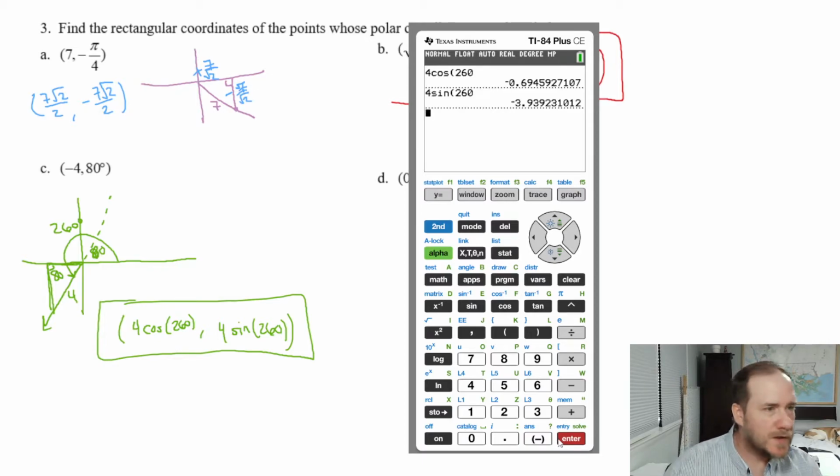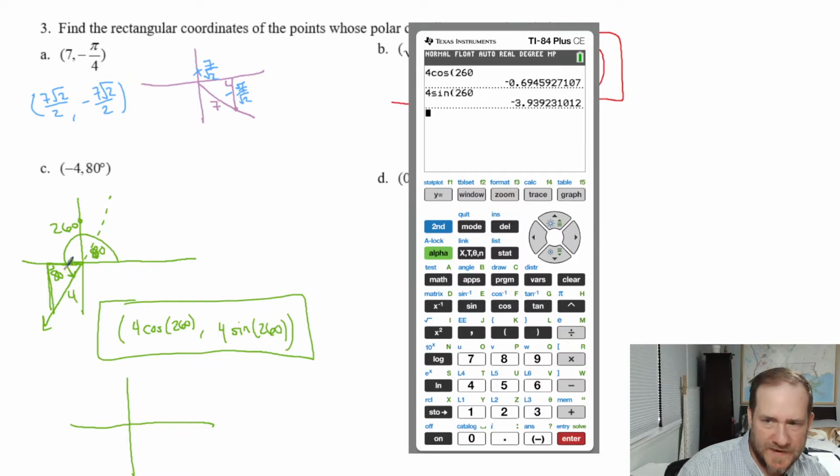Okay. How's that feel? Does that feel about right? I think it should. If you don't trust my drawing too much, then it should feel right. If you trust my drawing, don't, because that 80 degrees is not accurate. We should have a much steeper angle at 80 degrees here. And then it would make sense that our x is quite small and that our y is pretty darn close to just the full value of our hypotenuse.